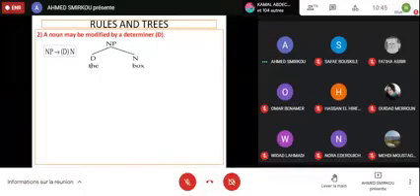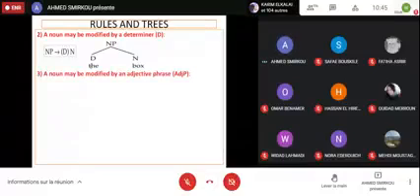So the NP may contain the noun, and determiner is optional. Number three, a noun may be modified by an adjective phrase.